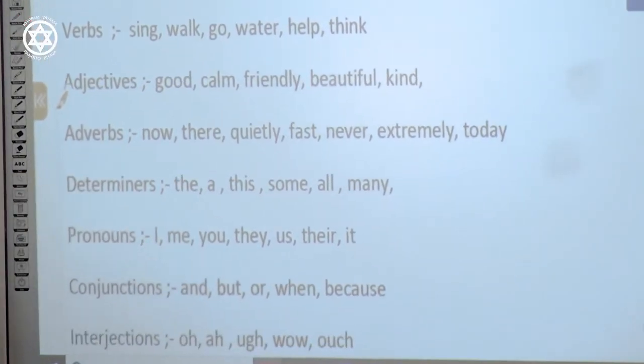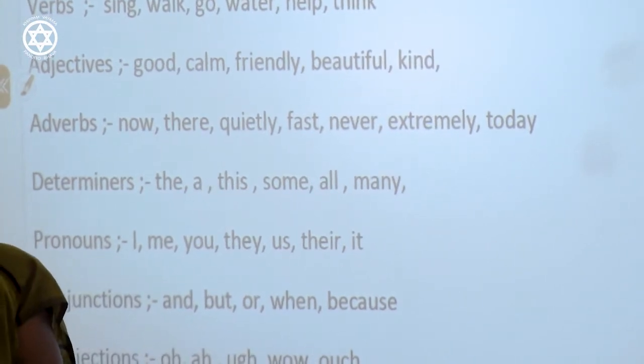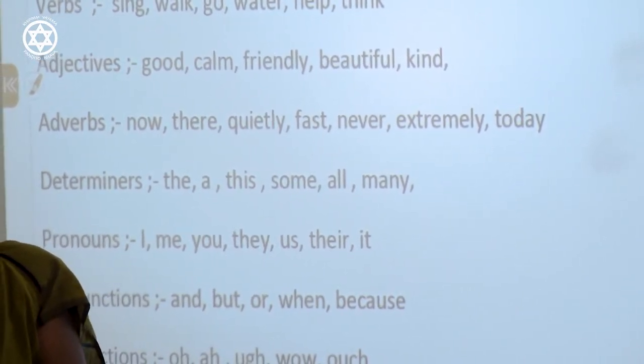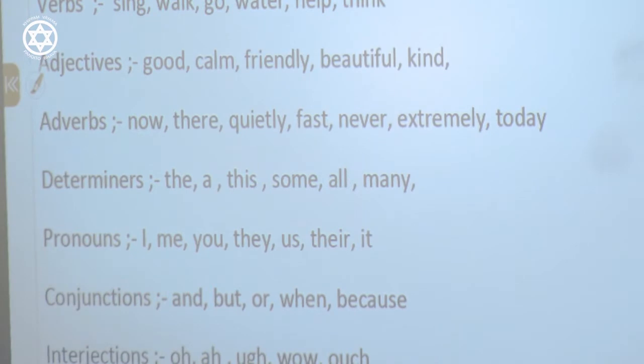Adverbs describe the verbs. They qualify and modify the verbs: how the action happens, where the action happens, and in what way. Adverbs give us more details about the verbs, how the action happens, where it happens, and to what extent it happens.